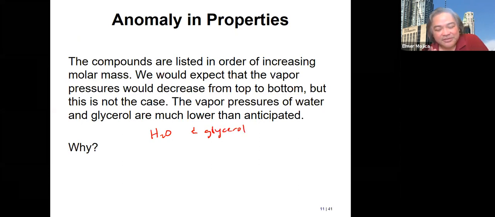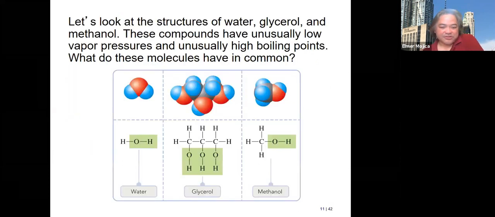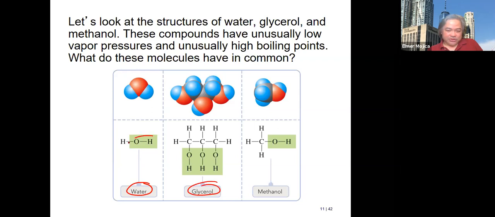They don't follow the observation that we have of higher molecular mass, lower vapor pressure, higher viscosity, and higher surface tension. It has something to do with their structure. This is water, and this is glycerol. In the water, you have an OH here. In the glycerol, you have 3 OH. In the methanol, you have 1 OH.